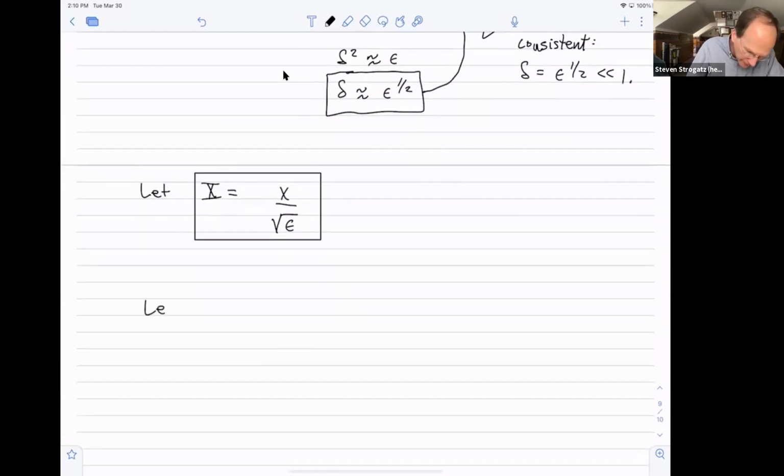think about what we want to do for our perturbation series. Big Y should be Y0 plus, now what? You're not going to want to write epsilon because you've suddenly got epsilon to the half in the problem. So you should write epsilon to the half Y1, then plus that thing squared, which will give you an epsilon.